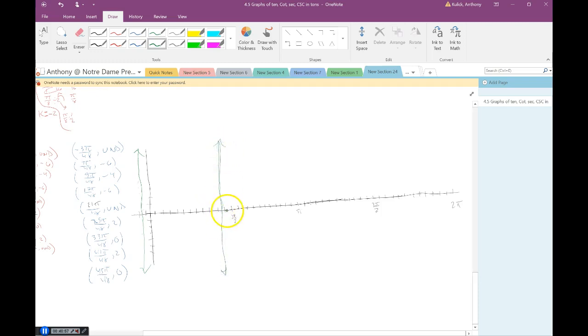And then 45, so that's 22, 24, 26, 28, 30, 32, 34, 36, 38, 40, 42, 44, 45 is right in here.